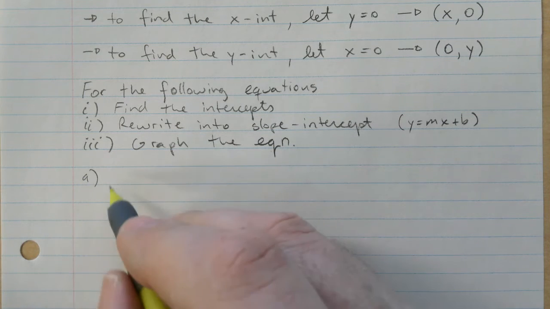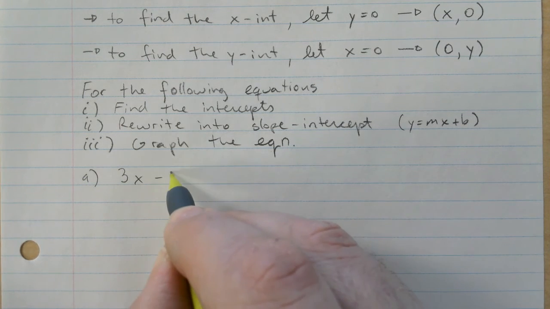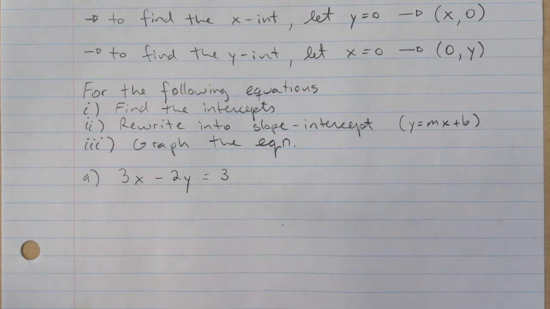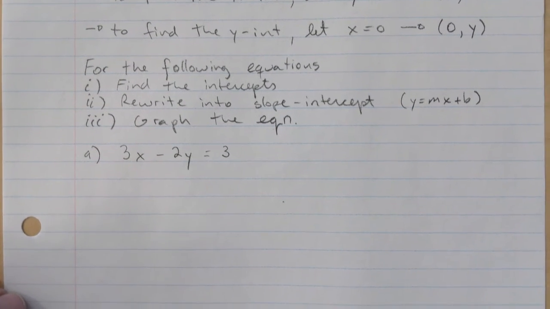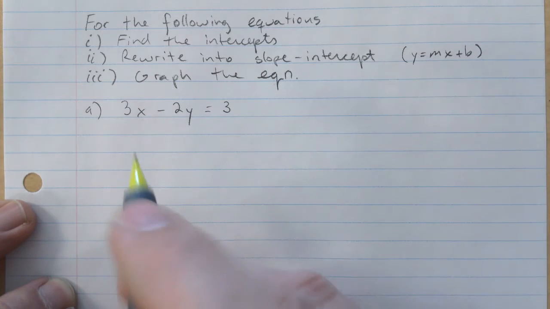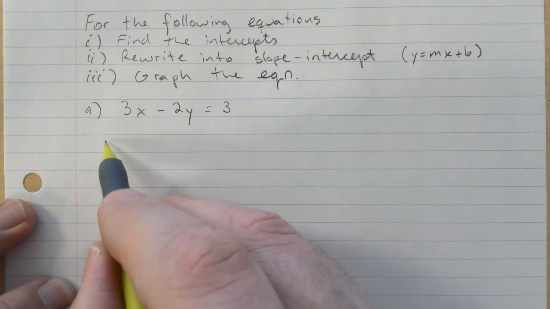Let's do the first one together. 3x minus 2y is equal to 3. So I do a little bit of a T-chart like this.